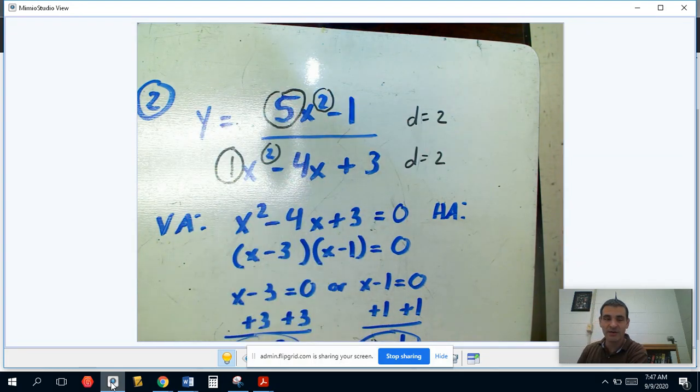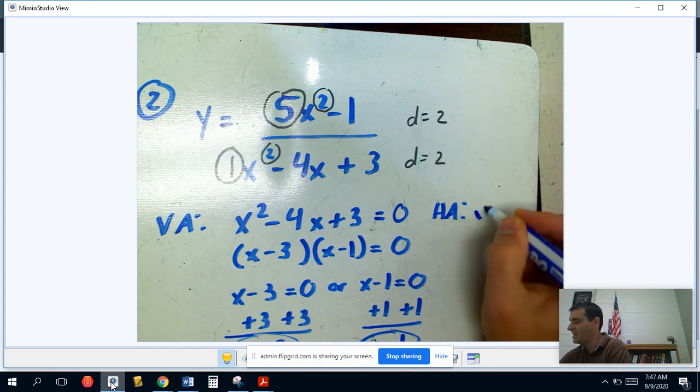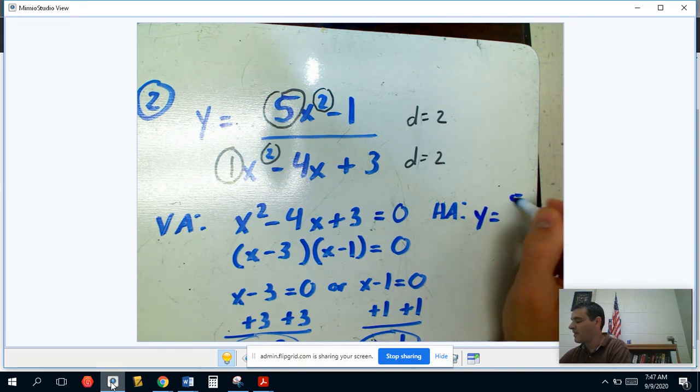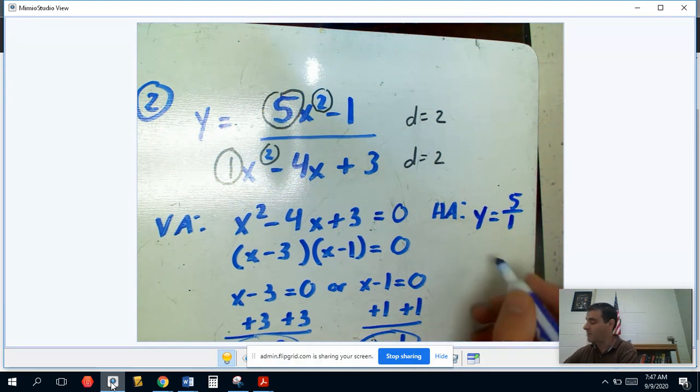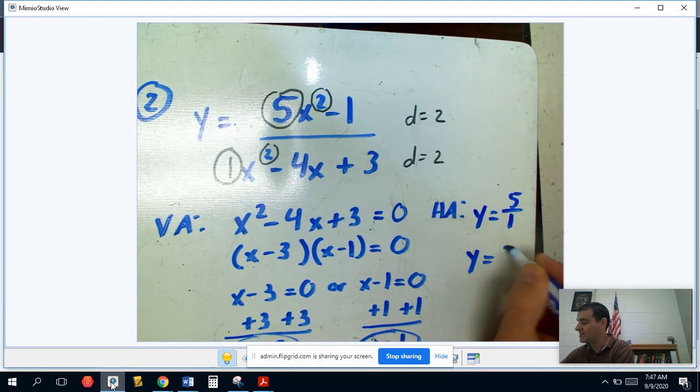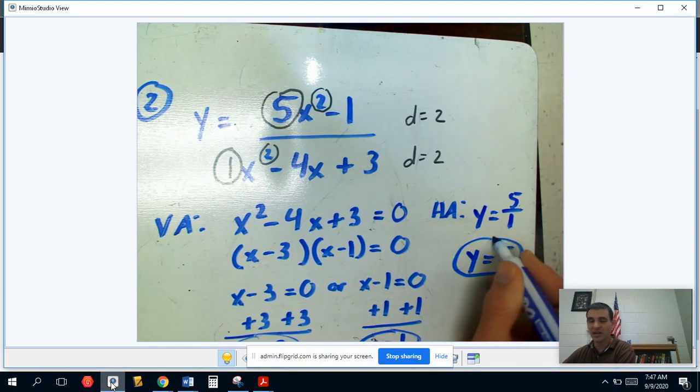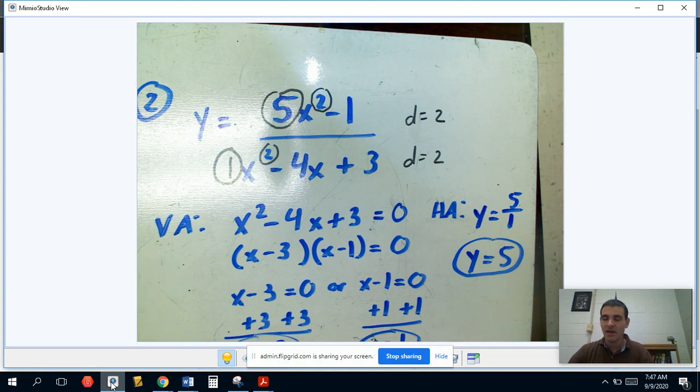Okay, if you're in standard form with the higher exponents in the front, it's just the numbers in the front. So that means our horizontal asymptote is y equals 5 over 1, or a more efficient answer, y equals 5. And we didn't look at the case where the numerator degree is bigger. In that case, you just simply say none for the horizontal asymptote.